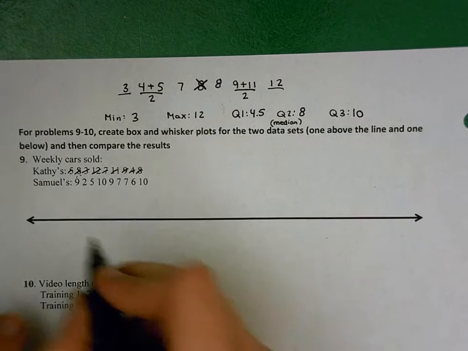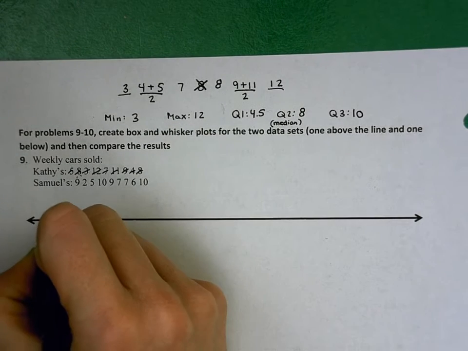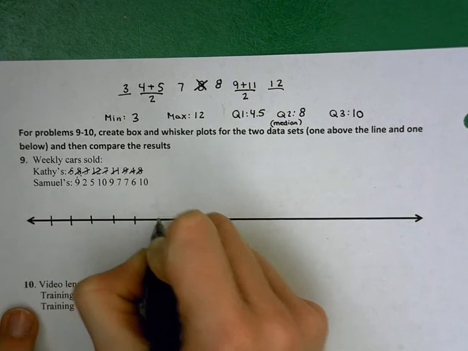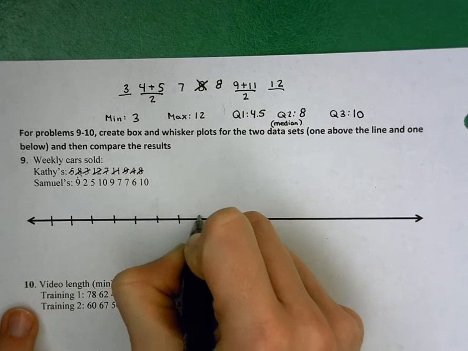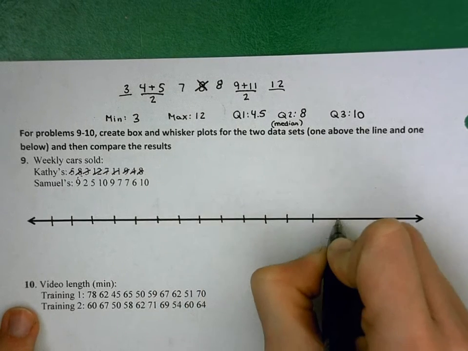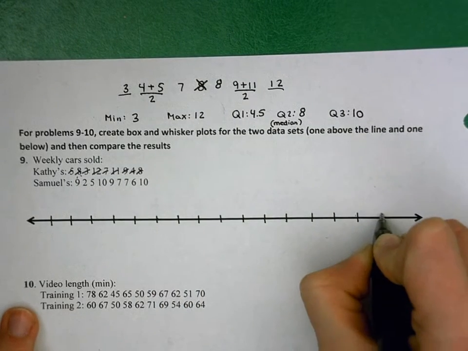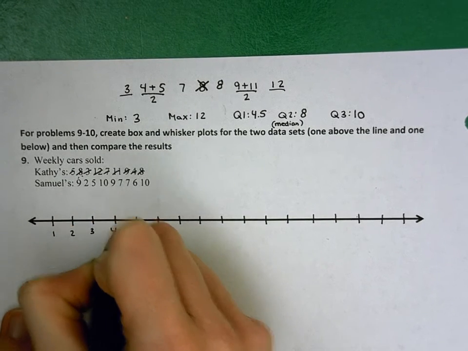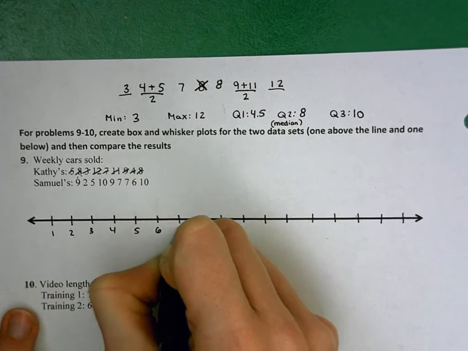Okay. We're going to go ahead and set up our number line. We have 1, 2, 3, 4, 5, 6, 7, 8, 9, 10, 11, 12, 13, 14, 15, 16, 17. Which we might not need all of those, but I'm going to have them all set up just in case.